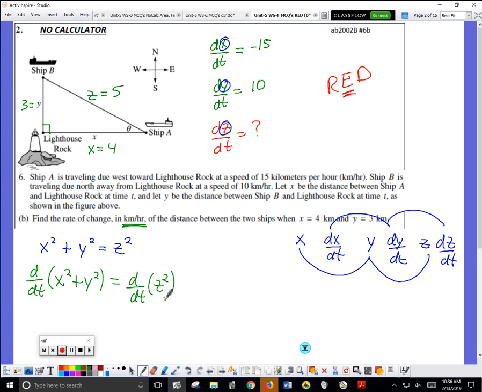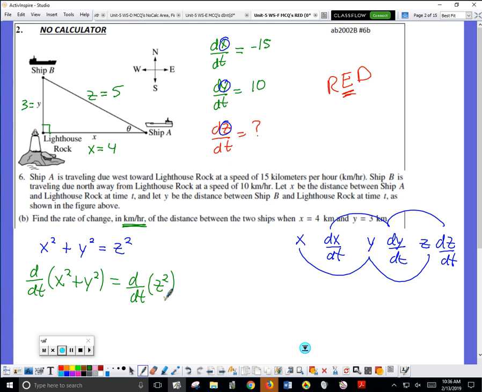So you can't plug the numbers in first. Correct, you have to finish differentiating first, then plug in numbers, because you'll have dx/dt and dy/dt left. If you plug in the numbers right here, you're just taking the derivative of constants, which is 0. That doesn't work because everything's changing.